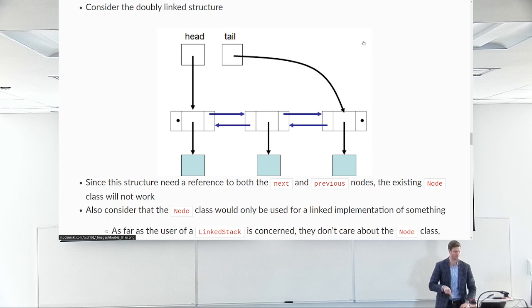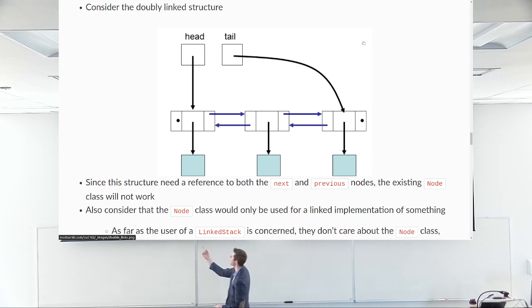If I wanted to make a class for this, what would I have to call it? Let's assume for a moment I already wrote a node class. Doubly linked node, I guess? Then maybe the original class should be called a singly linked node.